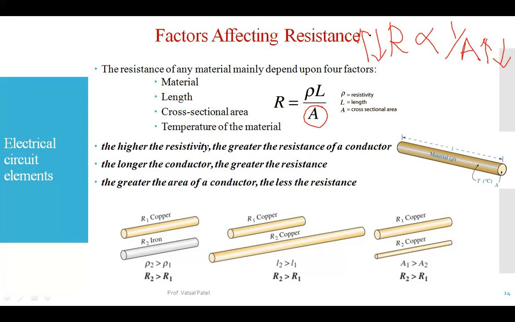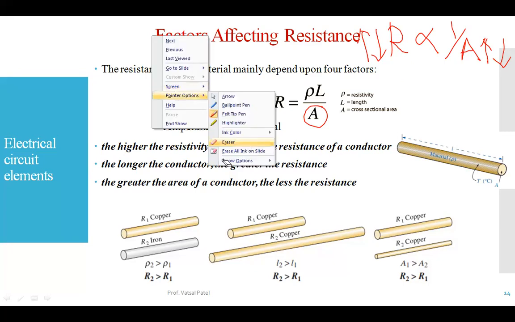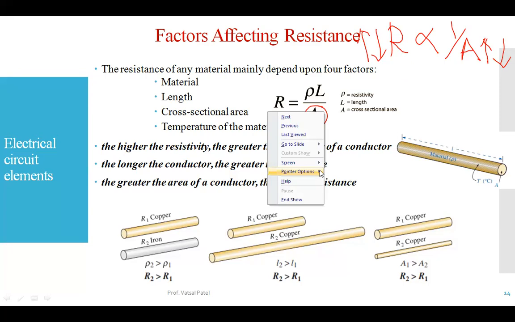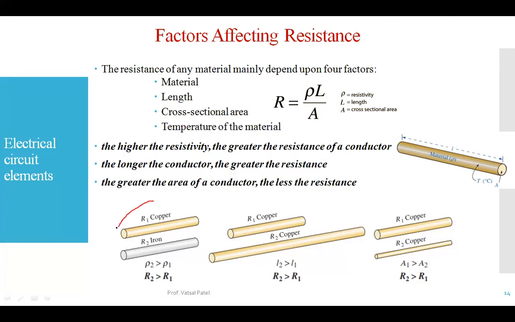When you have a greater cross sectional area of the conductor, you will get a lower value of resistance. Now in the three diagrams given at the bottom part of this slide, if you see the first picture, let's say it is the copper material having a resistance R1, and this is the iron material.